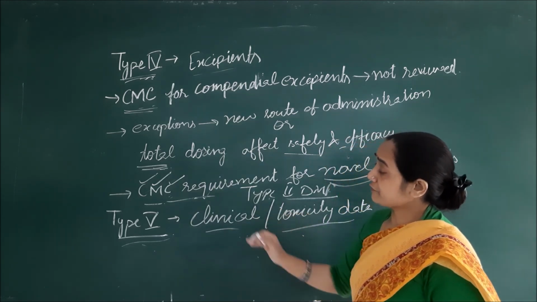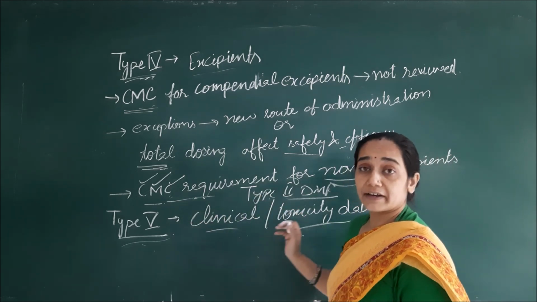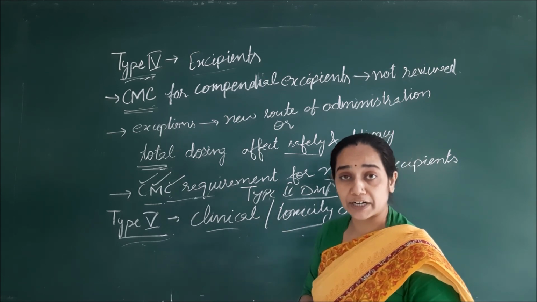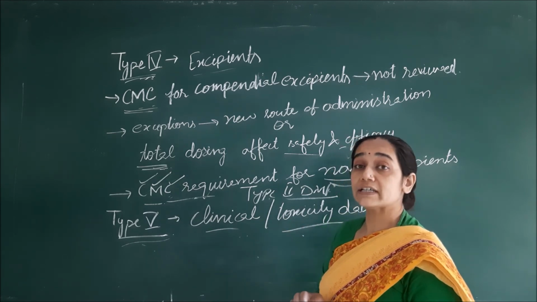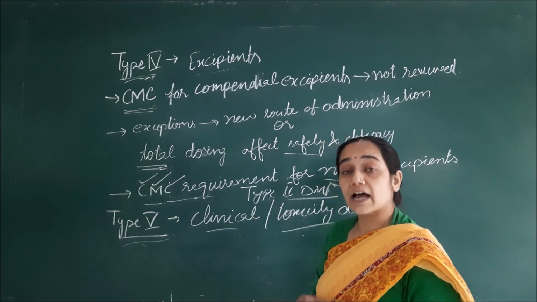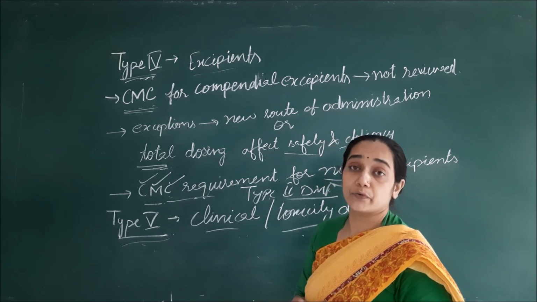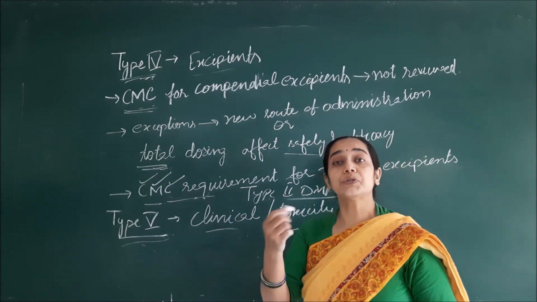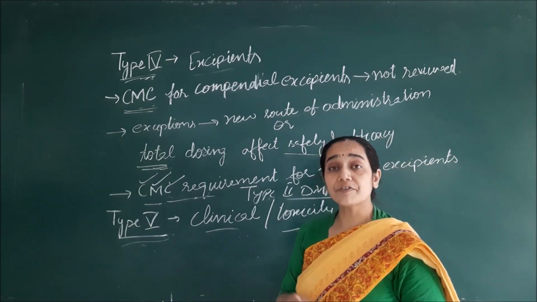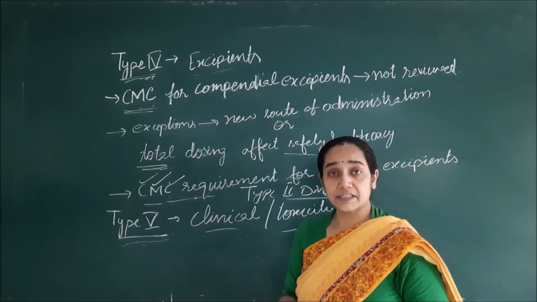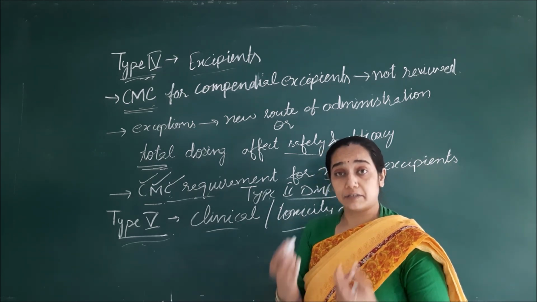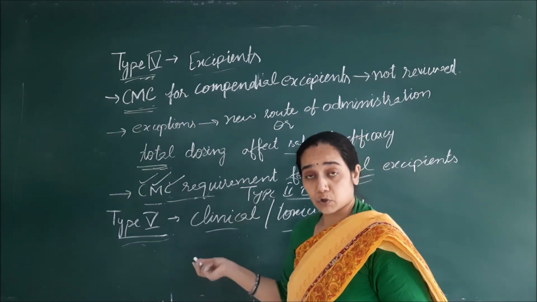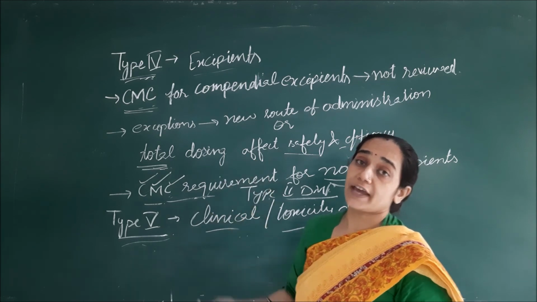Now, in this case, if type 1, 2, 3, 4 and 5 DMFs have been formulated, then what does a holder do? A holder is the company or person assigned the responsibility of the drug master file. The holder sends a letter of intent to the drug master file writing staff, and then that letter will be issued to the staff that he is corresponding these DMFs to the FDA.